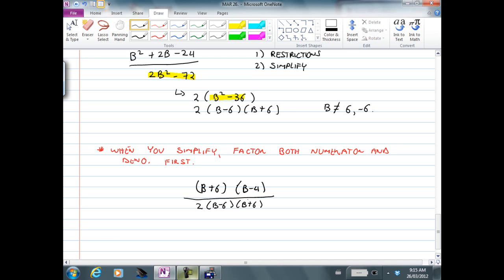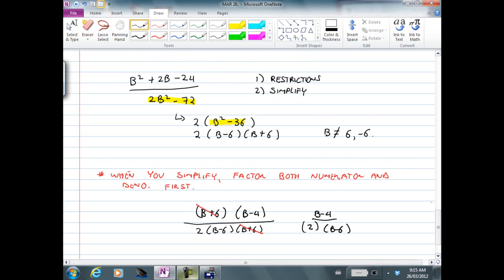Ruby, what can I cancel? Look at this. Hey, b plus 6, b plus 6. Done. You're left with b minus 4 over 2 times b minus 6. Voila, guys and gals. What you've just completed is how we simplify. I took something that's very complex and I made it into something that's very simple.